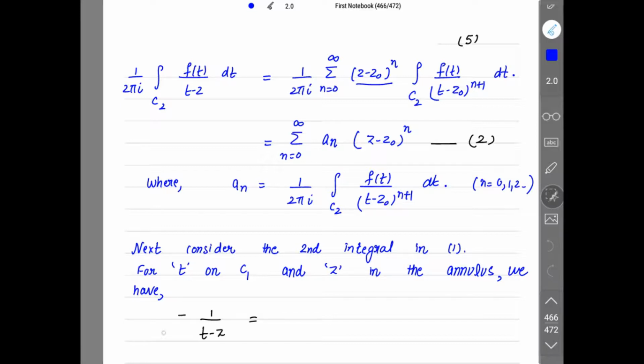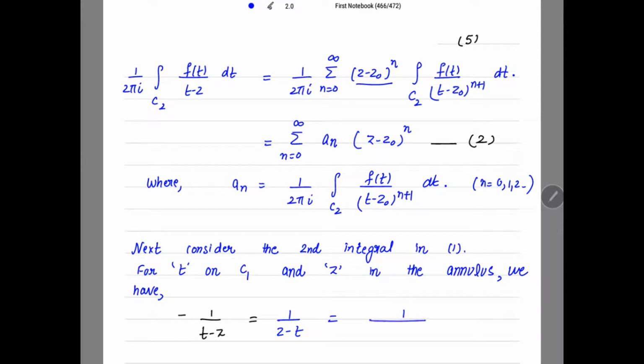Now here I am having the minus sign, 1 over t minus z, which can be written as 1 over z minus t, right, which is equal to, again I have to add and subtract z naught. So I add and subtract z naught, z minus z naught minus t minus z naught. Fine.